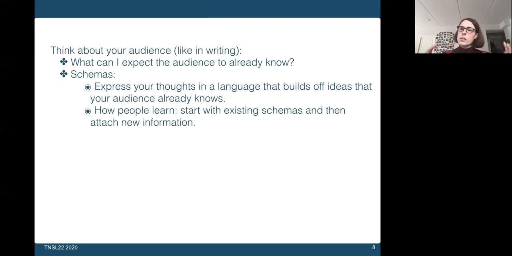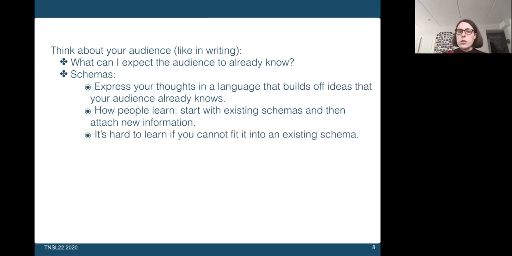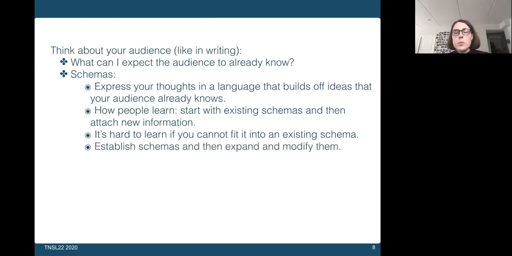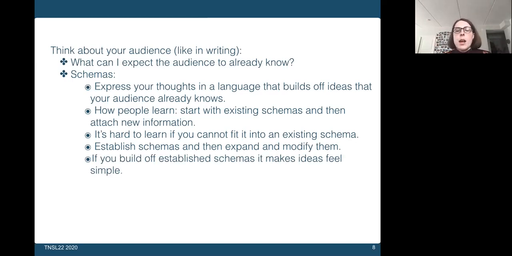So have these existing schemas, the things that you already know, and then try to attach the new information to that. And if you cannot fit it in an existing schema, then it will be harder to understand. So say, hey, this is something you already know. Remember, we're talking about this, and now I'm giving you more information on that. And then it will feel simpler to understand.